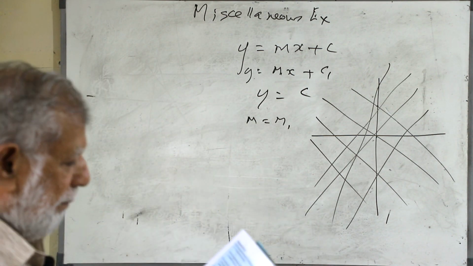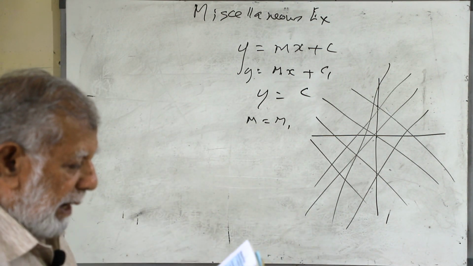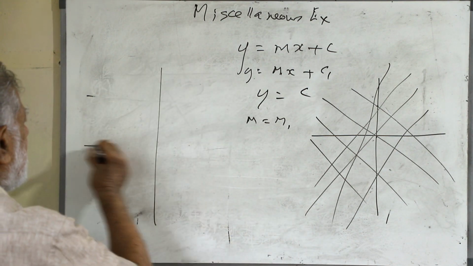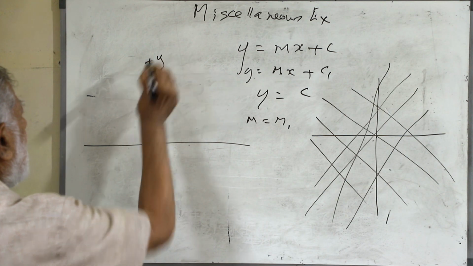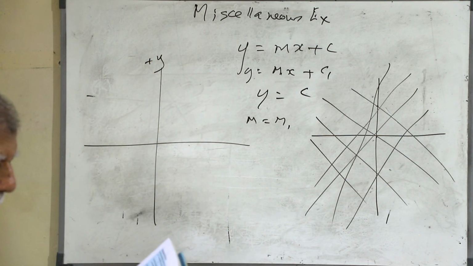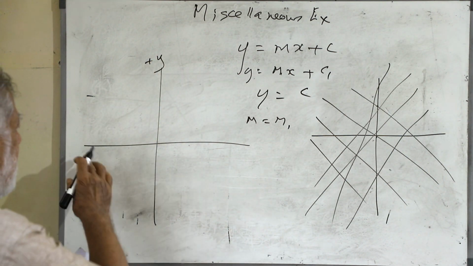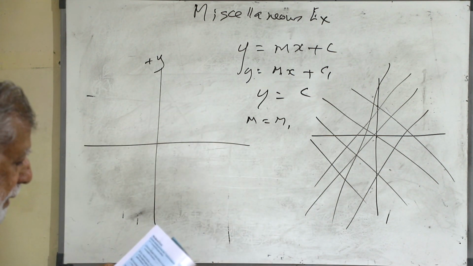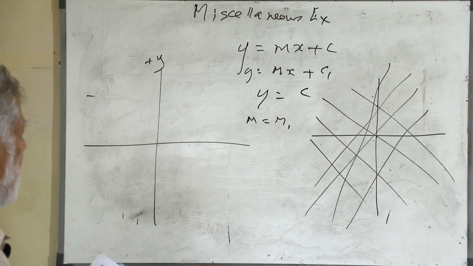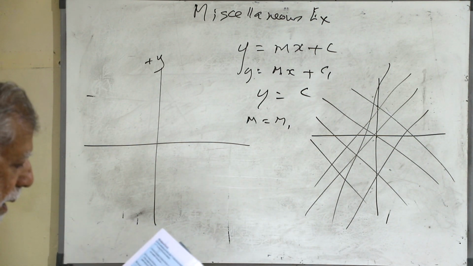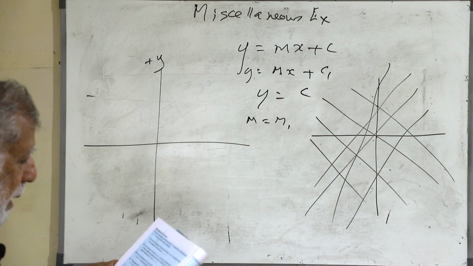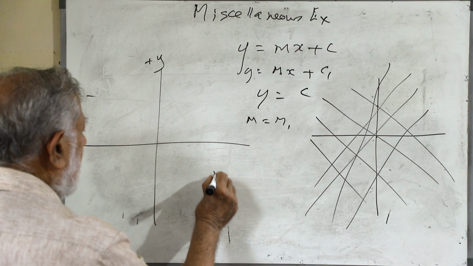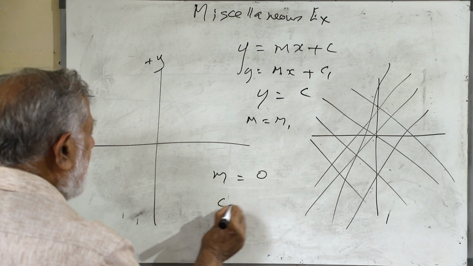This is the x-axis, above the x-axis, only when m is greater than 0 and c is greater than 0.